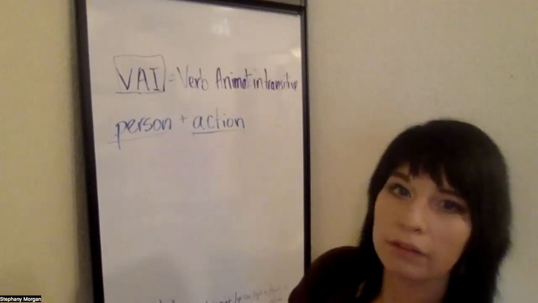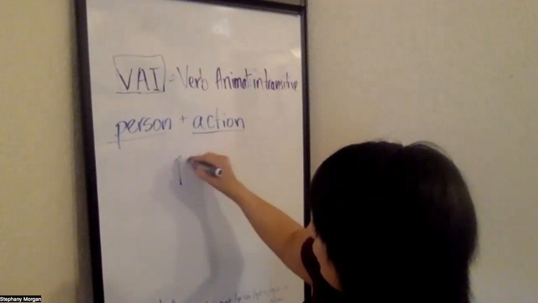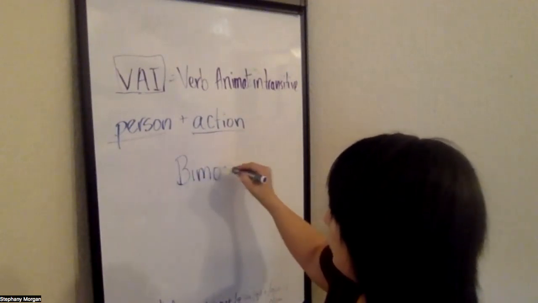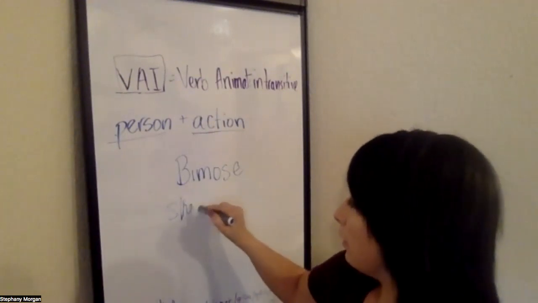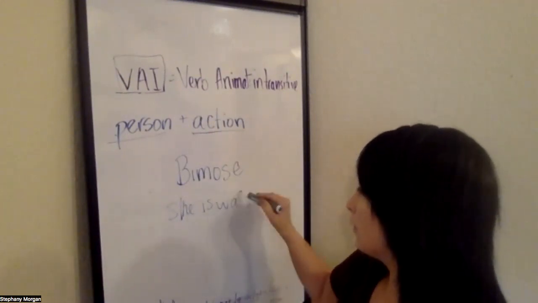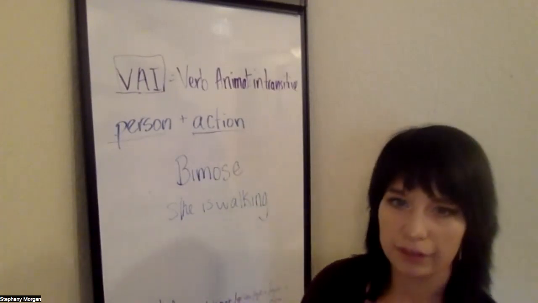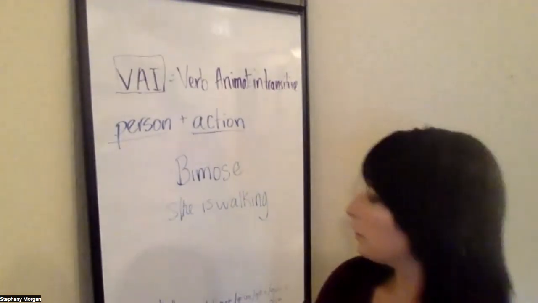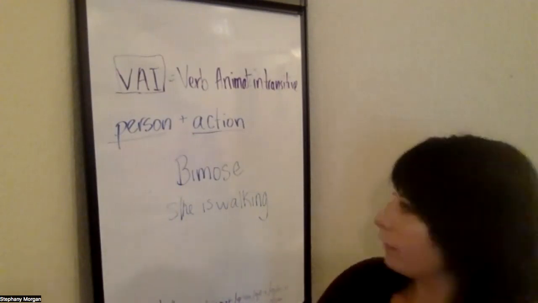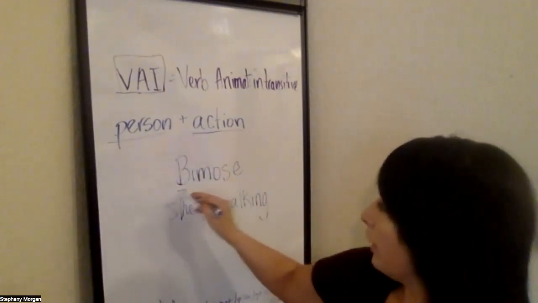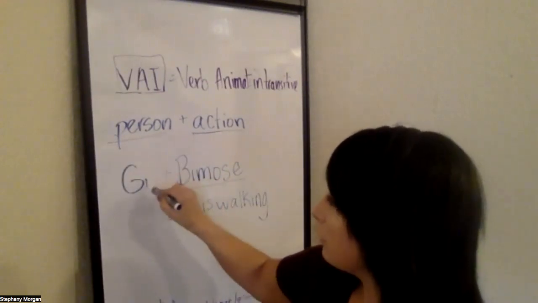So let's start with the word bimose. Bimose. That means he or she is walking. But if you want to say you are walking, you need part of that pronoun geen attached to the beginning. That's where a person goes. So this is our action, and we add ge to the front.